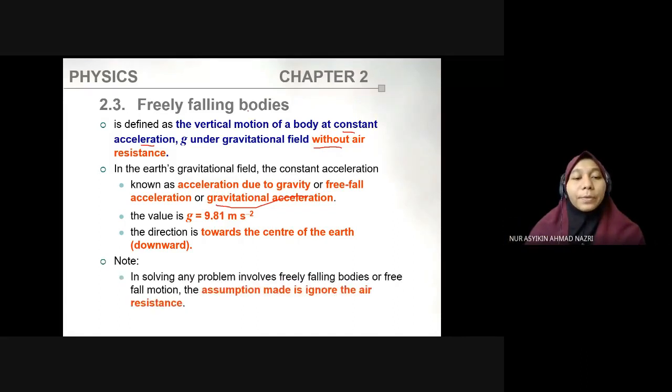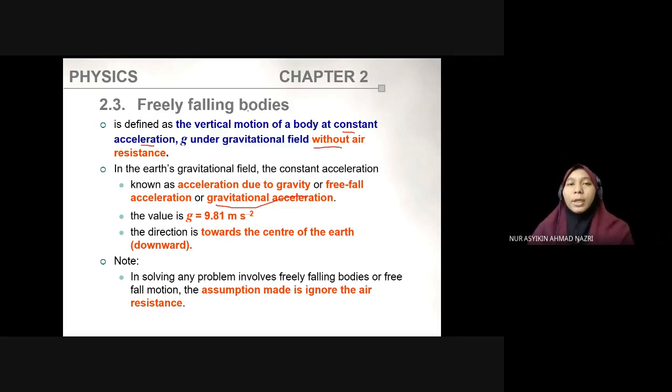Okay. So solving any problem involves free falling bodies or free fall motion. So the assumption made is ignore the air resistance. Okay. But when we're dealing with free falling bodies, untuk kita label dia sebagai free fall motion dengan syarat kena ignore the air resistance.